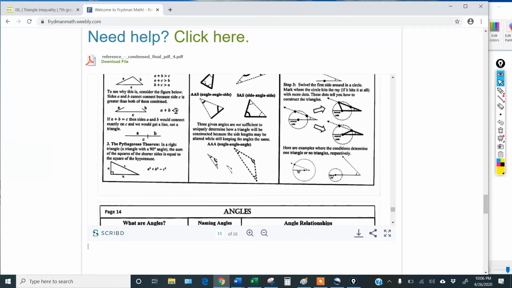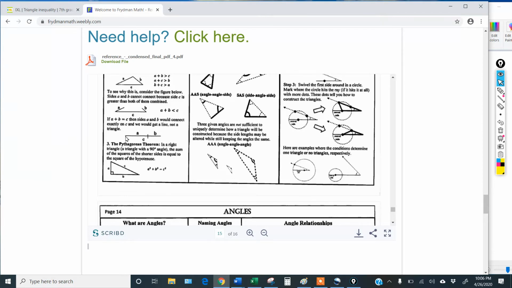so we can't make a triangle. Now, what happens when A plus B is exactly equal to C? Then sides A and B would connect exactly on C, and we would get a line, not a triangle.